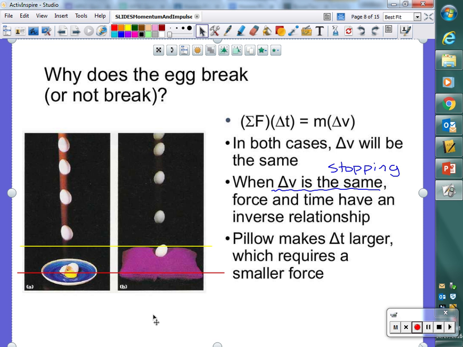The pillow, because of the way that it squishes when the egg falls into it, has a longer amount of time to bring this egg to a stop than the plate does, which has to stop it, boom, as soon as it hits the surface. More time, less force. Less time, more force.